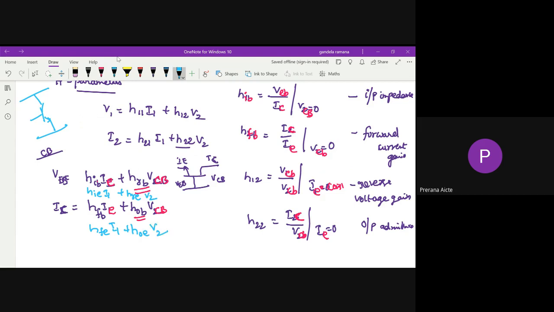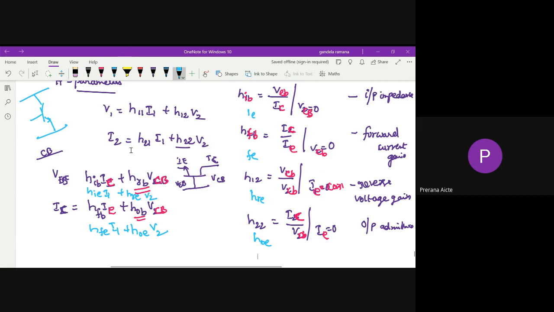So here HIE, HFE, the reverse voltage gain HRE, and HOE.